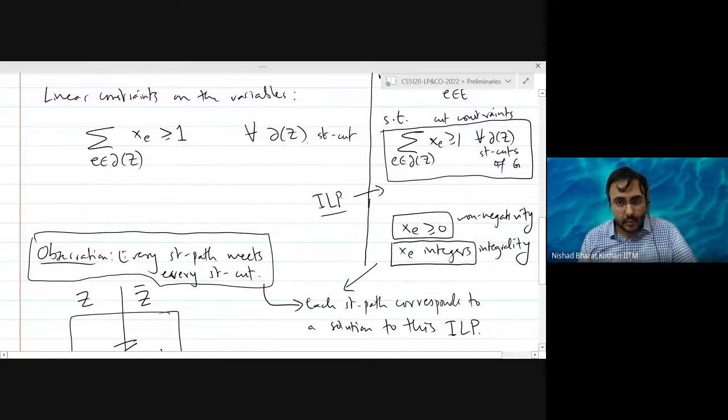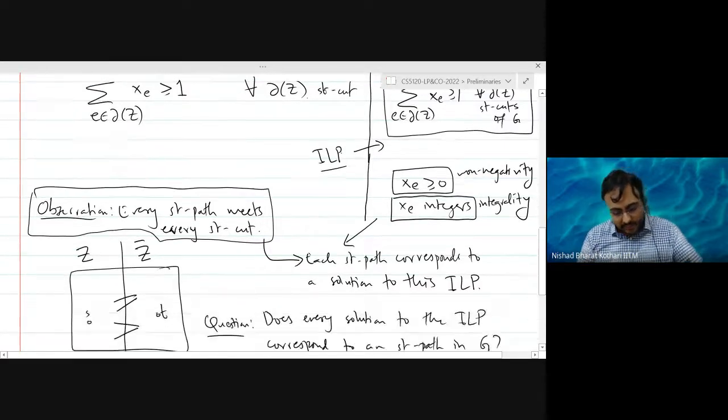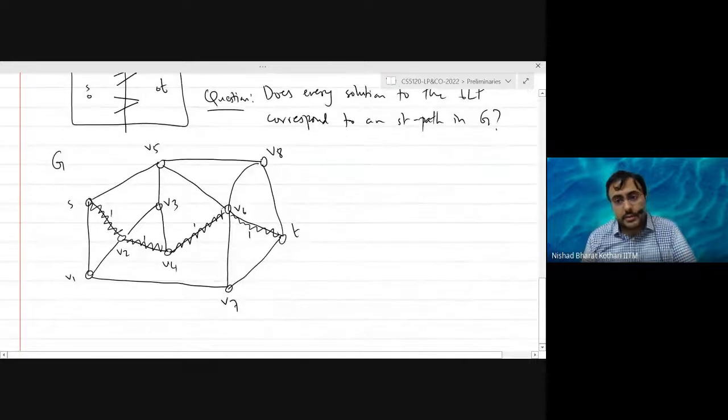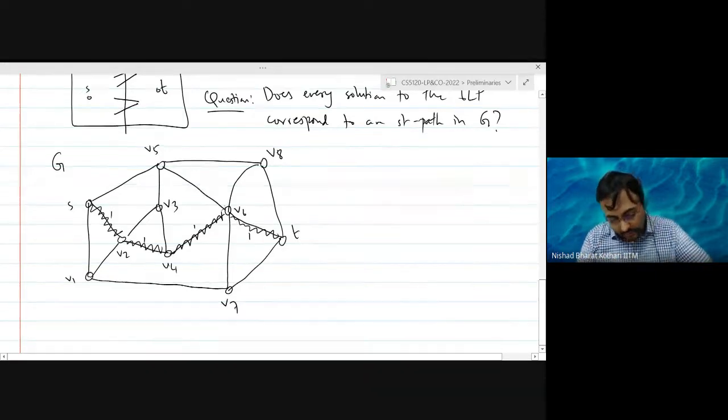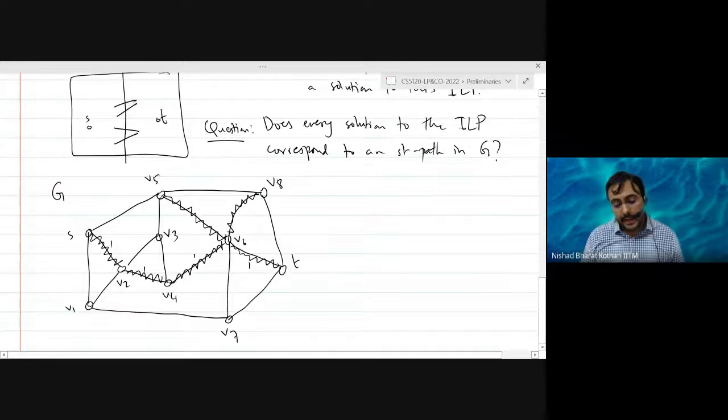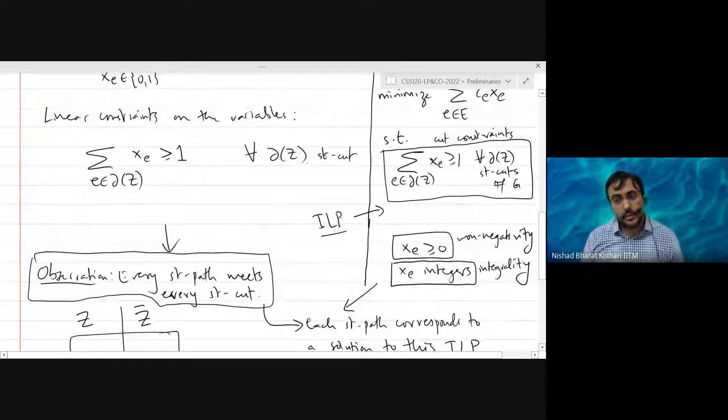It is a 0-1 solution, and every ST cut will have at least one edge because of this observation. But now you can add more edges to this, right? If you add more edges to your solution, it's still going to be a solution to the integer linear program. So I could now add more edges to this, right? Because I'm adding edges, all of the constraints will still be satisfied.